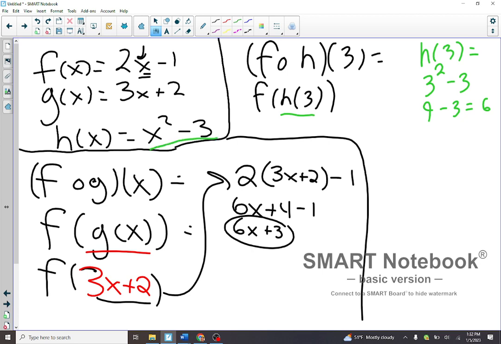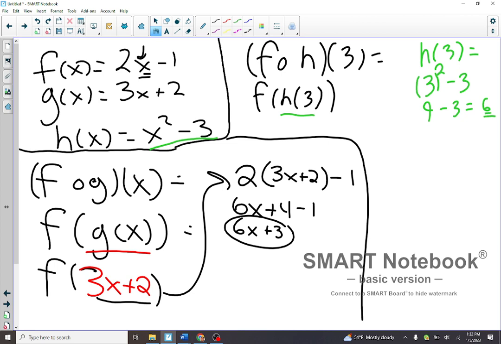And because it's a 3, every x inside it becomes a 3. There's only one x in that case, but every x becomes a 3. It's x squared, so it has to become 3 squared. This 3 was an x before. So 3 squared is 9, 9 minus 3 is 6. So H of 3 equals 6.